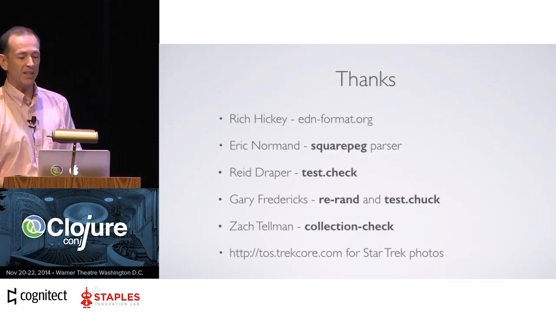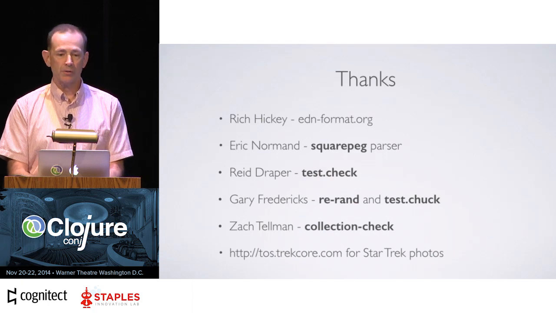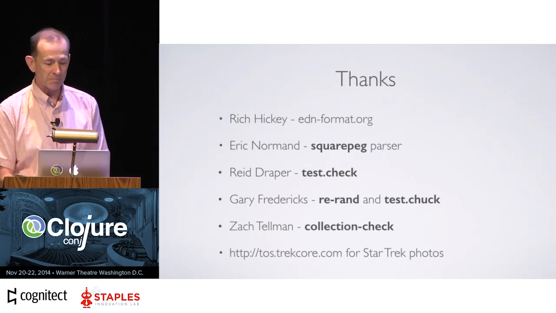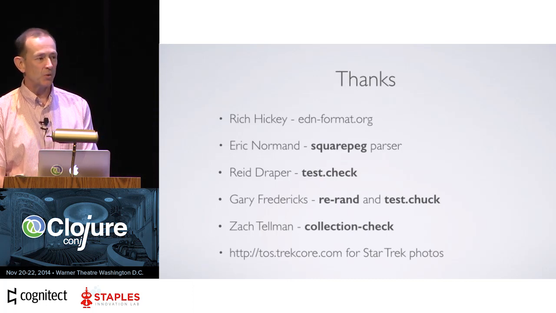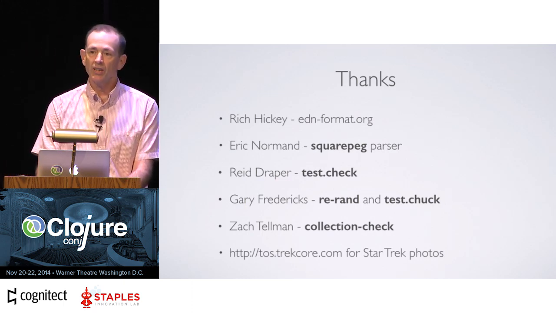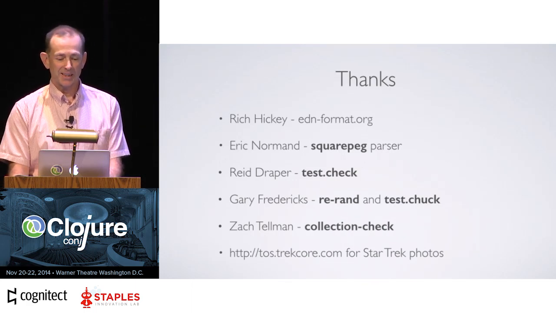Okay, before we finish, I want to say thanks. Rich Hickey gave us the EDN format, and he's had a few other good ideas, so I really encourage him to keep going. He's doing a great job. Eric Norman gave me the Squarepeg, an open source parser, and that's been really helpful from the beginning of Herbert. Reid Draper did test.check and helped me at the hackathon, and I think he's been really responsive, so I appreciate that.